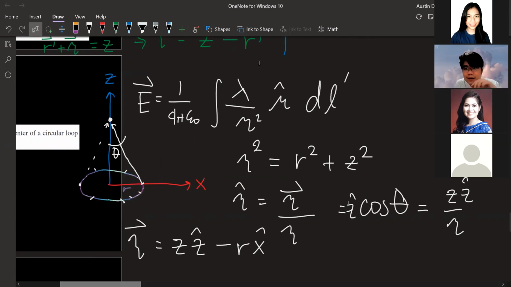Okay, chat, wait lang. Sir, may question po ako. Bakit hindi po natin kino-consider yung y hat sa pagsusolve? Okay, hindi natin kino-consider yung y dahil, okay, sabihin natin drawing tayo ng y. Okay, y. And kapag meron kang electric field at this point running towards this point, papunta din sa point na to, magka-cancel lang din siya sa kapartner niya dito.